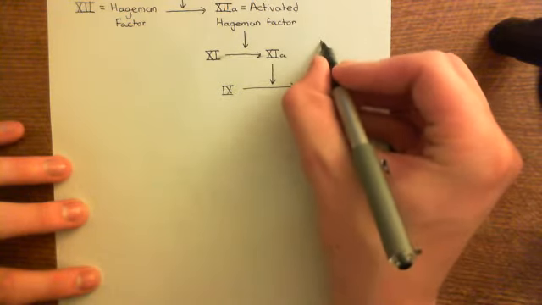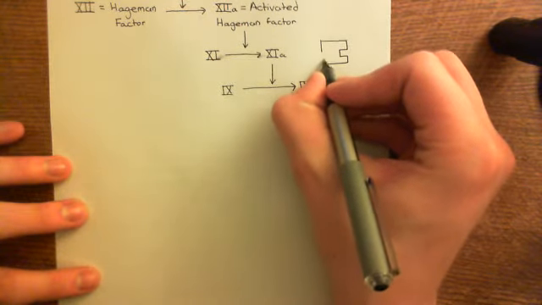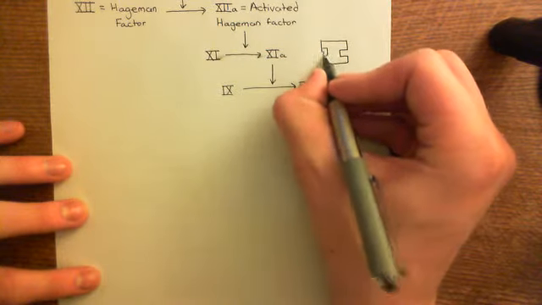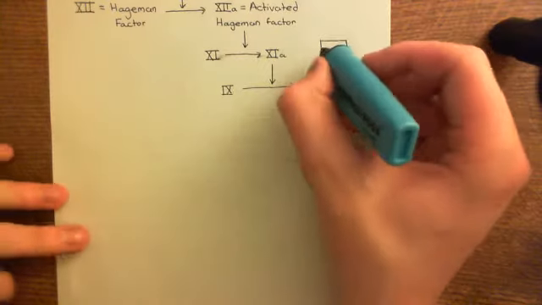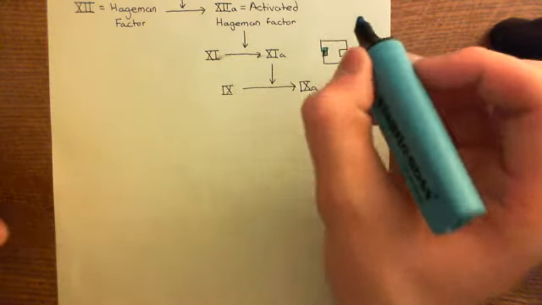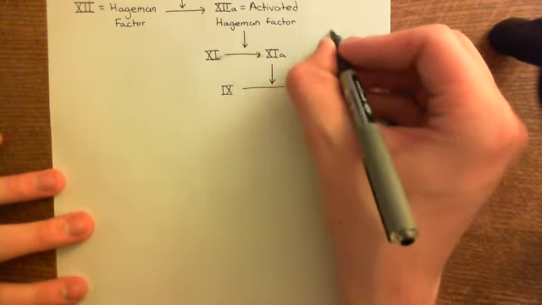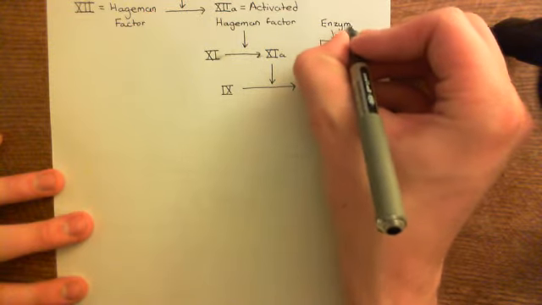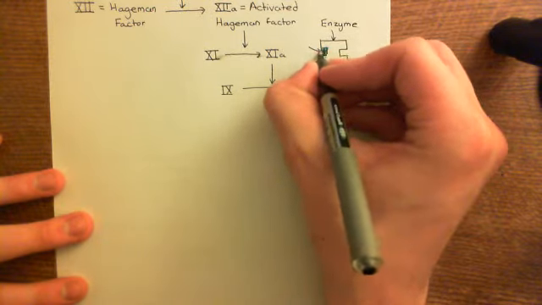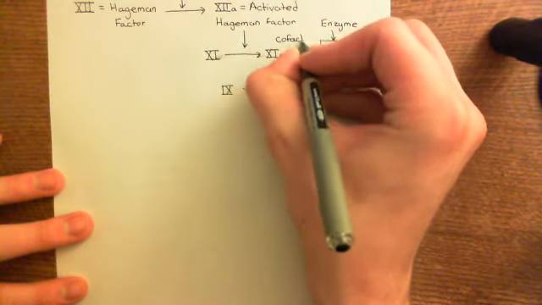So, if we have an enzyme here, and here is the active site, okay, then a cofactor is a protein which is not part of the enzyme, but is needed for the enzyme to function. Okay, so we can see that we've got this little blue protein attached to the enzyme. Now, this little blue protein, which I've drawn stuck on to the side of the enzyme, if it is necessary for the function of the enzyme, then we say that it's a cofactor for the enzyme.